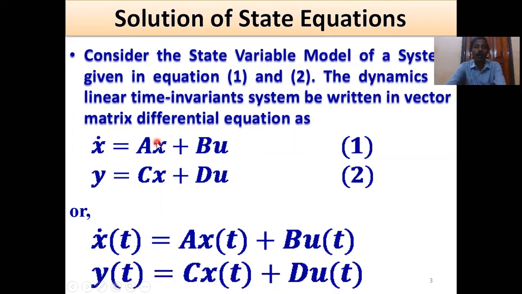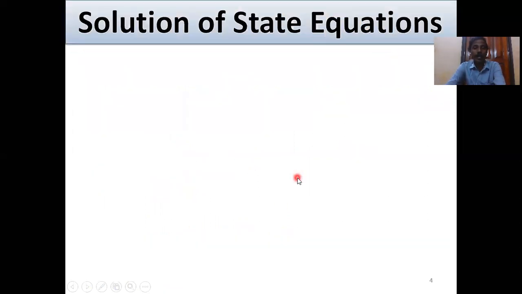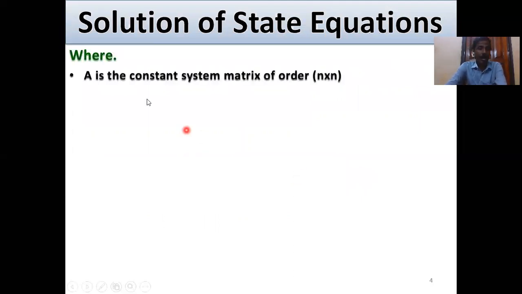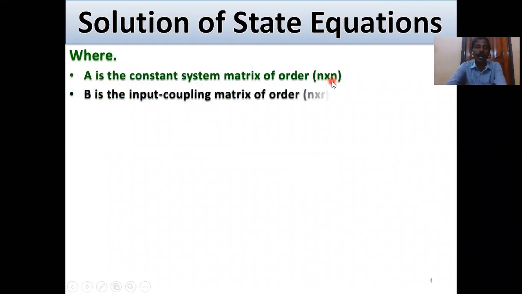So this is our vector matrix differential equation, where A is a constant system matrix of order n cross n. That means A has dimension n cross n. And B is the input coupling matrix of order n cross r. That means B has dimension n cross r.